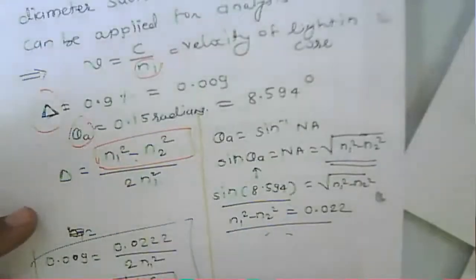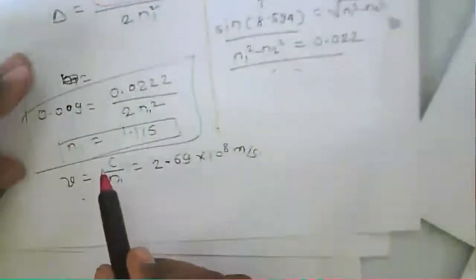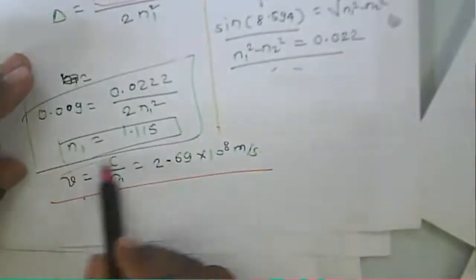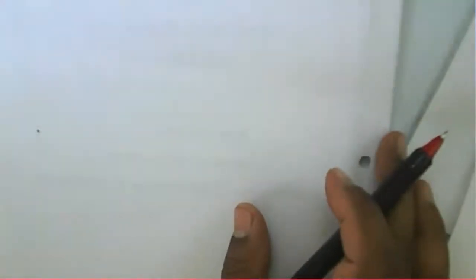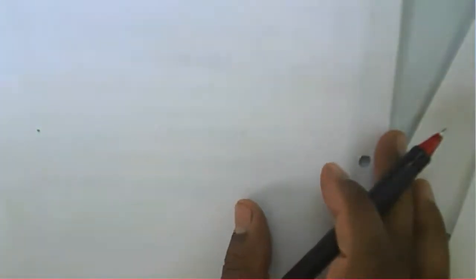Once we have obtained the n1 value, we put it here, and then we can obtain the velocity propagating through the fiber core. That is about it. It looks a bit hectic, but you may proceed by solving this.